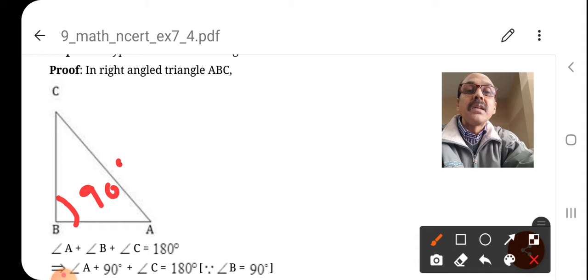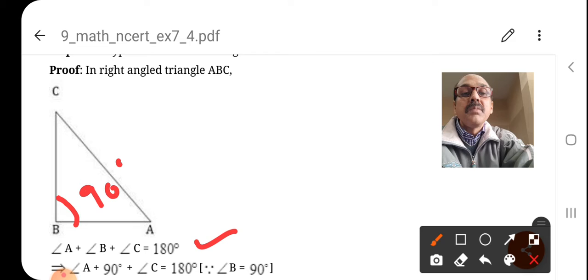So the triangle is right-angled, and we know the sum of the three angles is 180 degrees, that is A plus B plus C equal to 180 degrees. Now angle B is 90 degrees, so A plus 90 plus C equals 180.